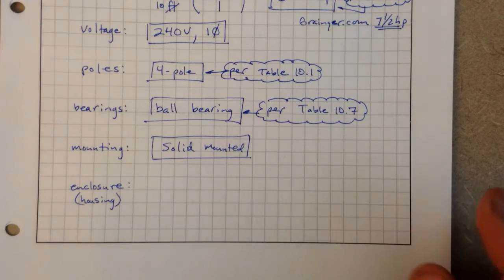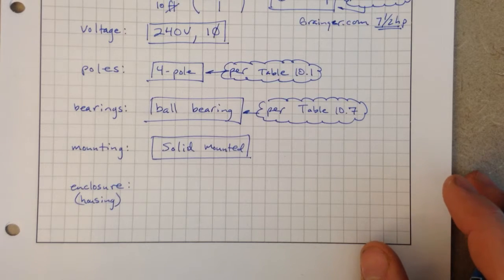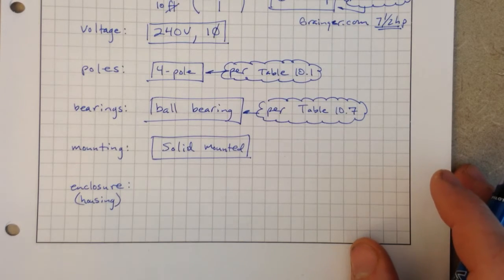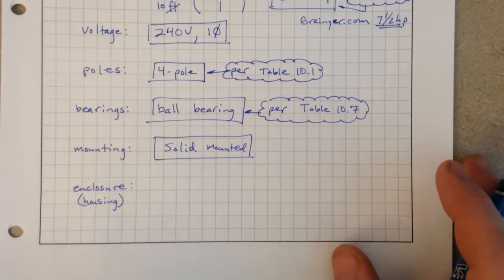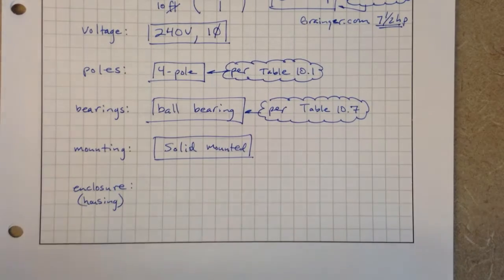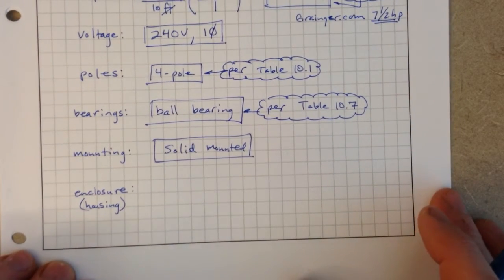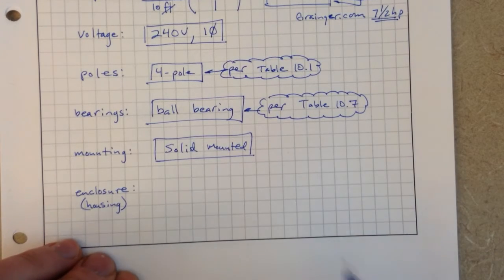We could maybe argue that it needs to be explosion proof depending on the scenario. We have to talk about that if that's of concern. But we're going to assume that it's out of a lot of the grain dust environment, further away from that, out in the open.